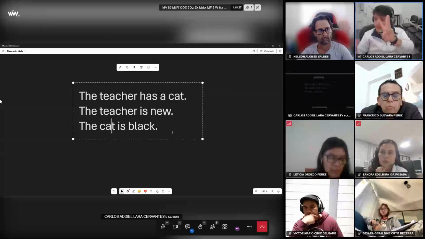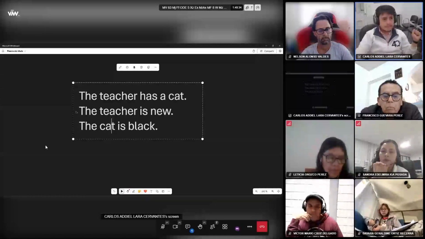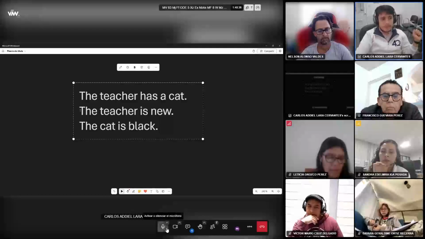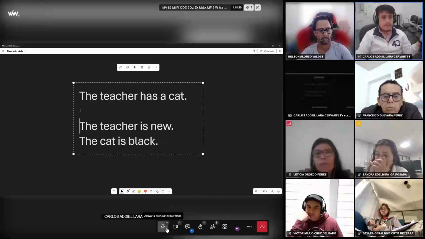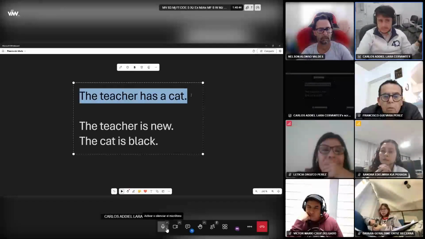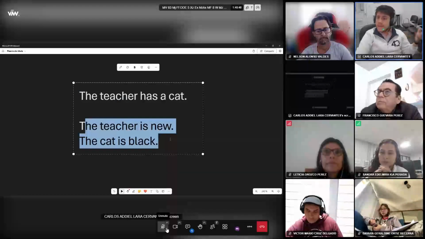Let's combine these three ideas into only one idea. So, here, what is the principal idea? The principal idea is the teacher has a cat. So these ideas are only additional.